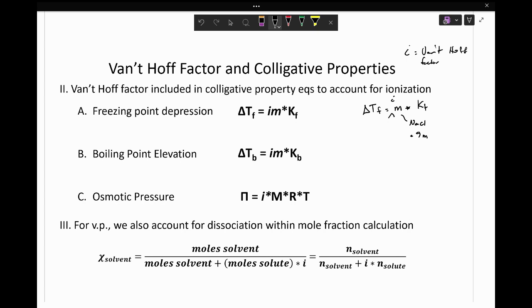And so to account for those 2 particles, I'm just going to have this i be equal to something like 2. So then, even though the molality of the salt is 0.9 molal, the actual concentration of particles is something closer to 1.8 molal. So this is our concentration of sodium chloride, whereas this is our concentration of particles.